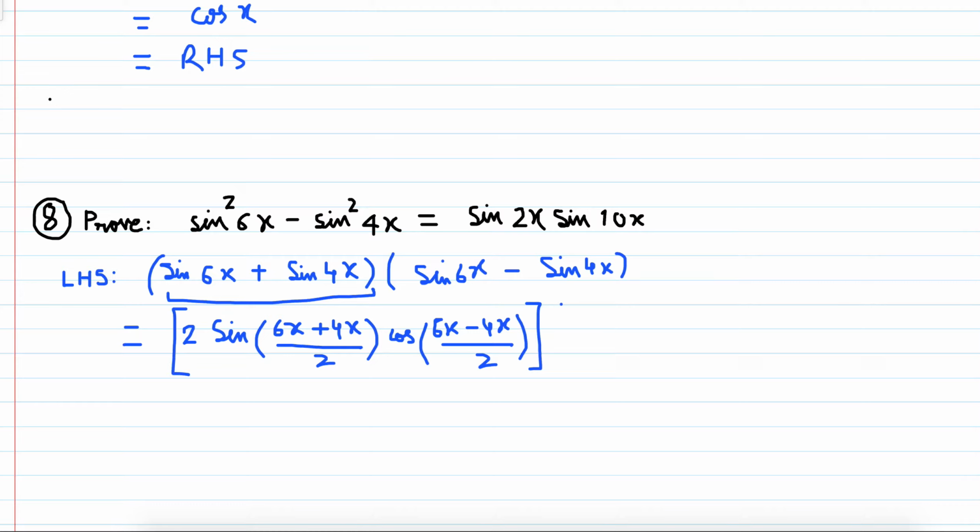And now the second term is of the form sin x minus sin y. So sin x minus sin y is 2 times cos x plus y by 2 multiplied by sine x minus y by 2. Here x is 6x and y is 4x.